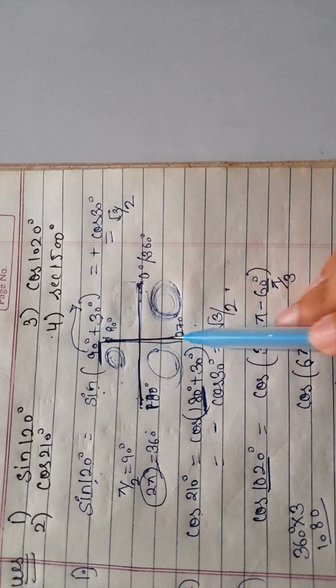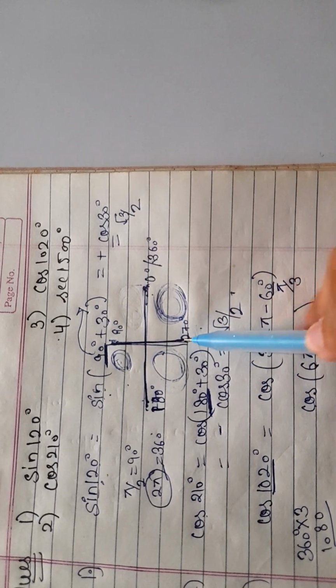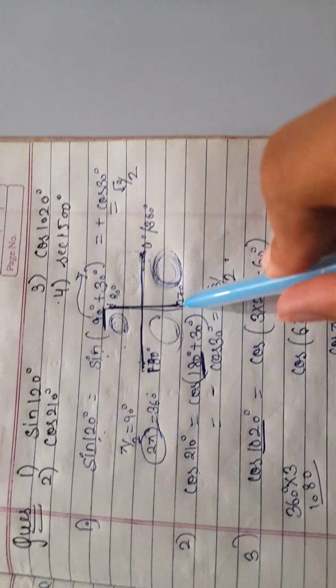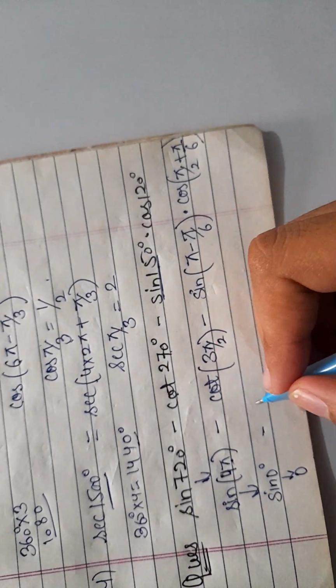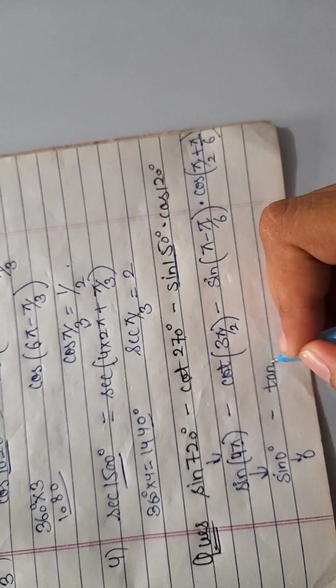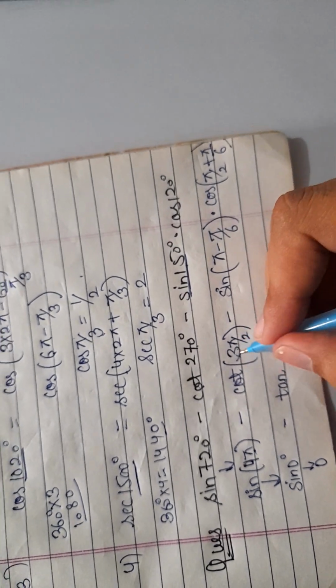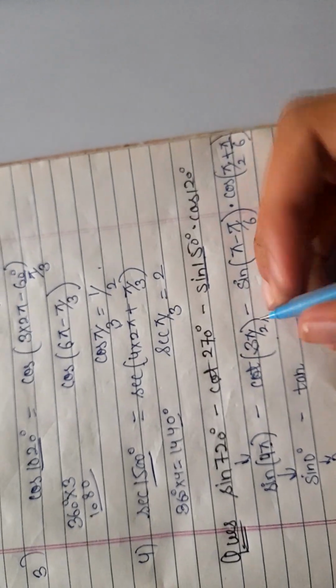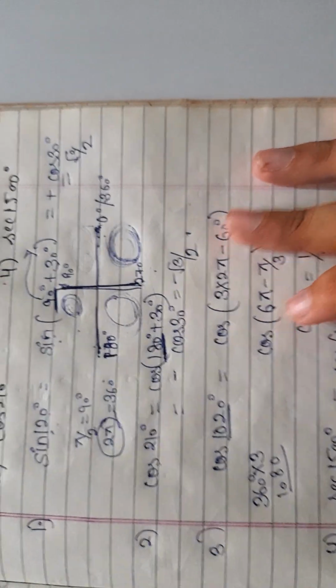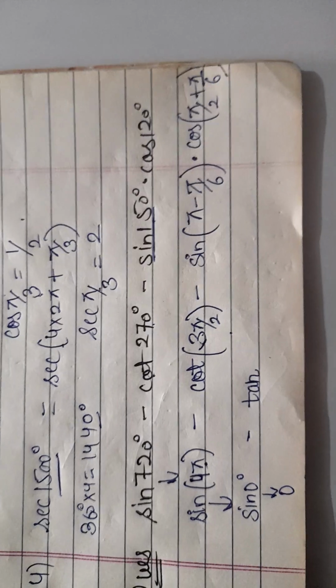This is the change line, means it will change, cot changes into tan.